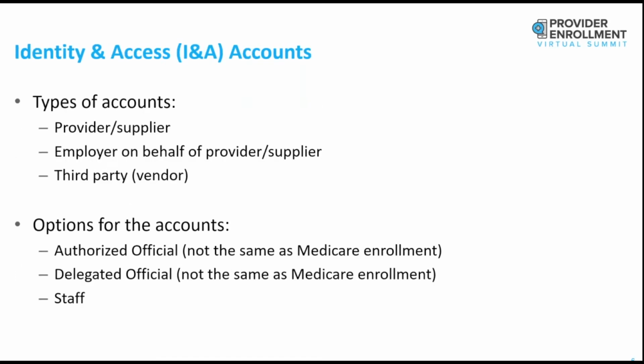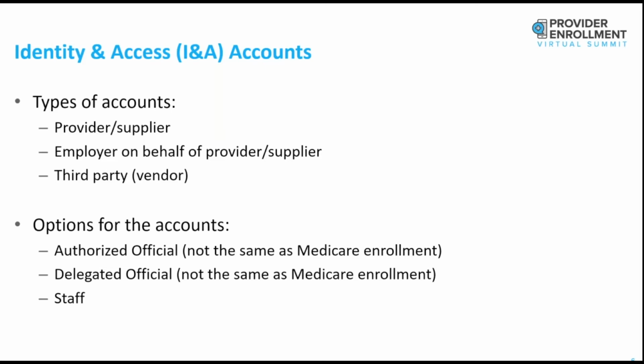So let's talk a little bit about identity and access accounts. There are a couple of different types of accounts you can have. You can be a provider or supplier. Let's discuss that just a little bit. Medicare's definition of a provider is more of an organization, something like a health system, a hospital, a surgery center, a larger organization.